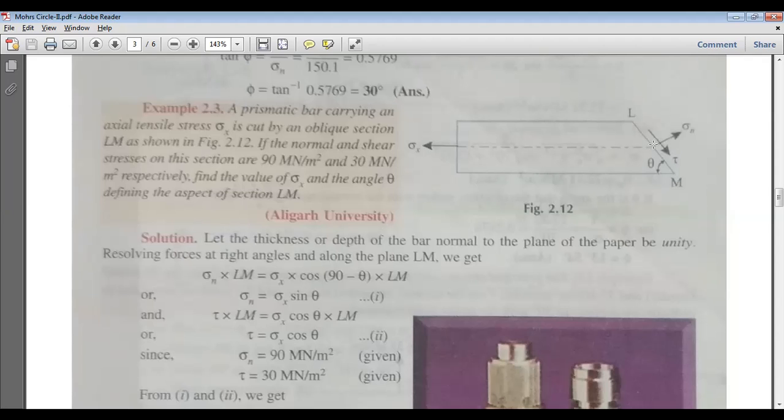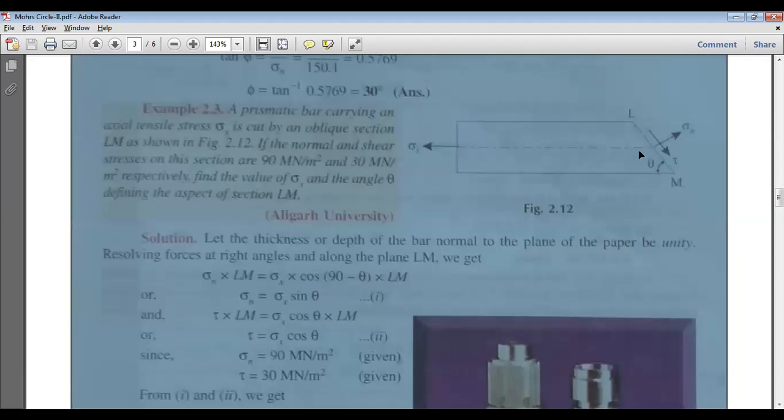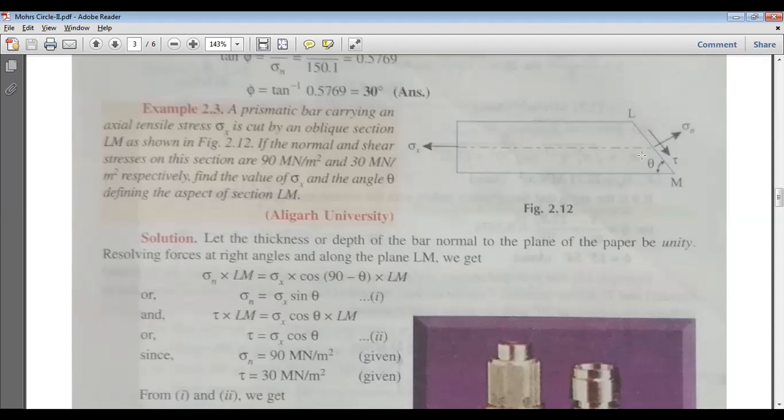Now we have sigma x. We have to take the component that will neutralize sigma n. Sigma n is acting in this direction, and this component will act in the downward direction, opposite to sigma n. This is taken as sigma x cos (90 minus theta), because this angle will be 90 minus theta from the horizontal, into LM.